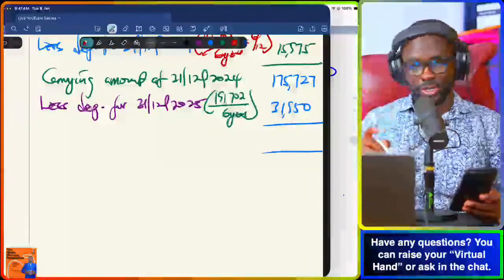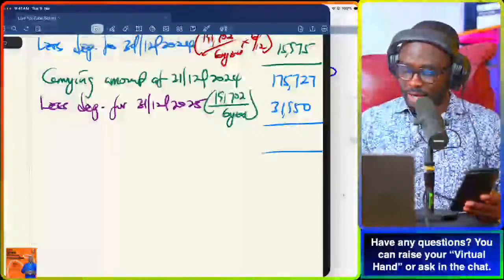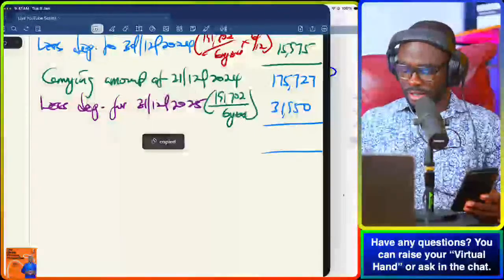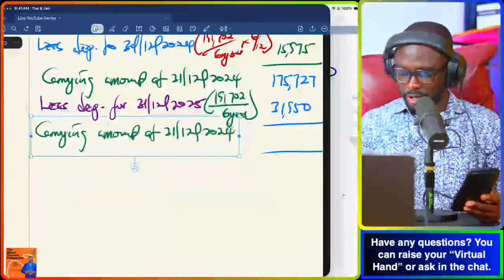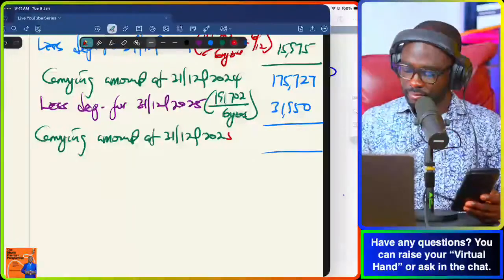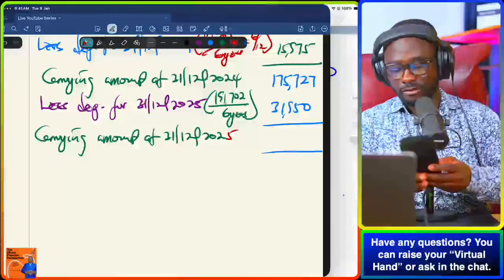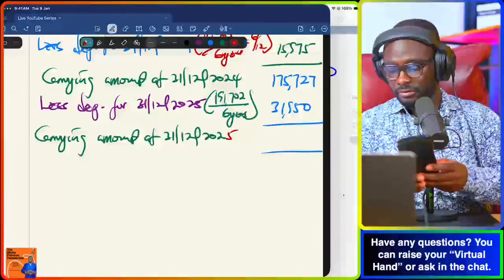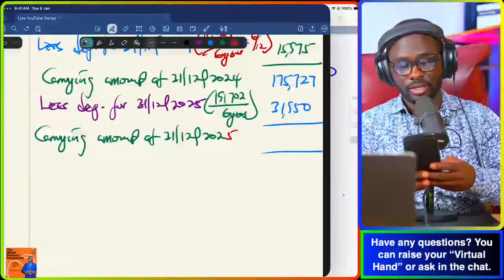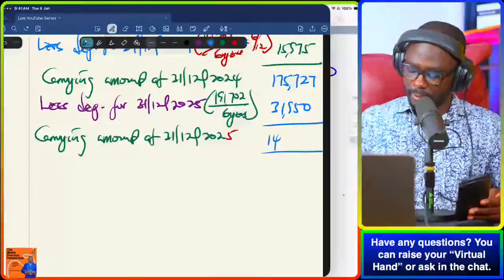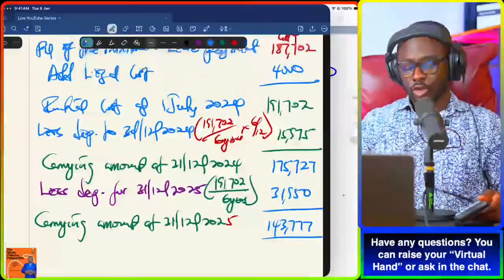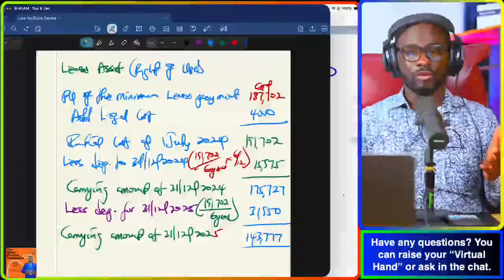So in the context of that, carrying amount at 31st December 2025 would then look like this. 175,727 minus 31,950, 143,777. So this would have been how the workflow will be.